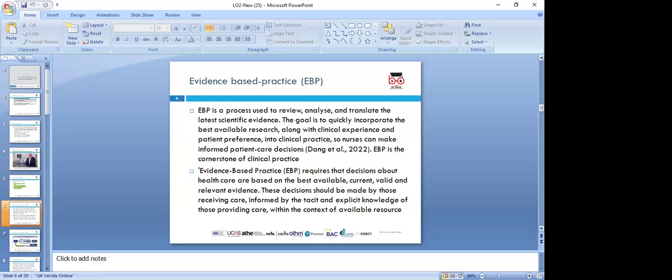So a practical example is clinical experience. Oftentimes, how do you get to know the warning signs of a patient?